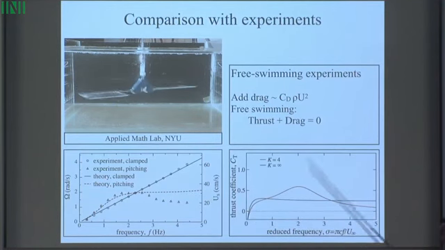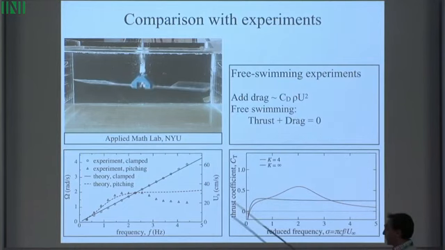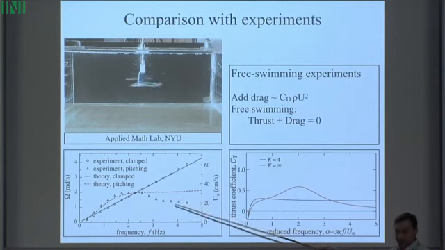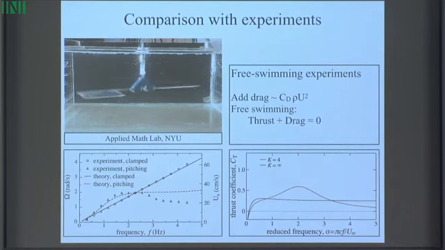But to me, that's okay, because as coarse-grained as the theory is, there's no finite amplitude effects, and drag is only counted in this very coarse way. I could live with this discrepancy. Okay, so it does a pretty good job of capturing qualitative experimental data, even quantitative in certain regimes.